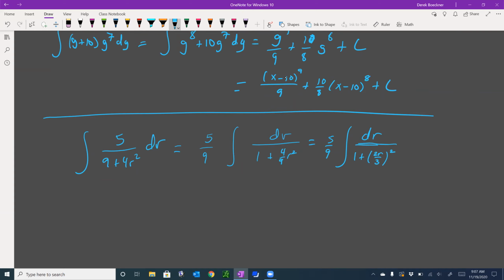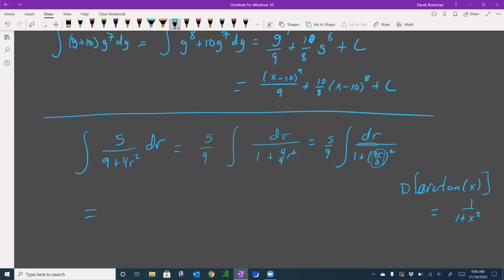Do we know of something which, when I take the derivative, I get 1 over 1 plus something squared? Arctangent. Yeah. Derivative of the arctangent. Right? And that's kind of what this form is. So I'm going to do a u substitution where I've got this linear guy in here now. And remember what we said with linear, we just divide by the slope.